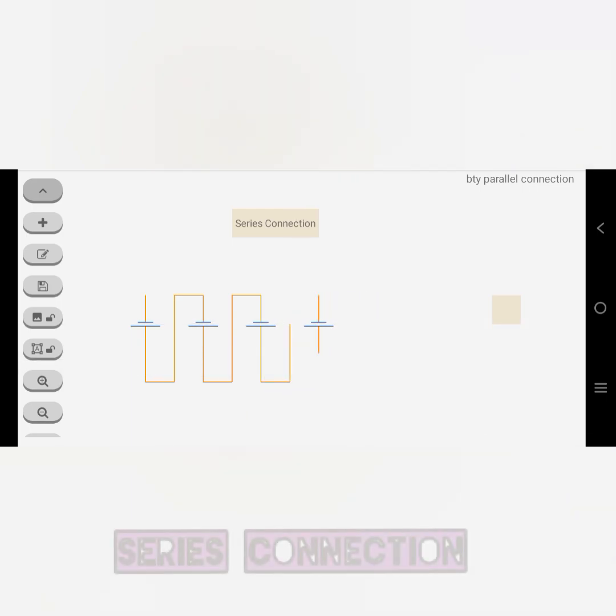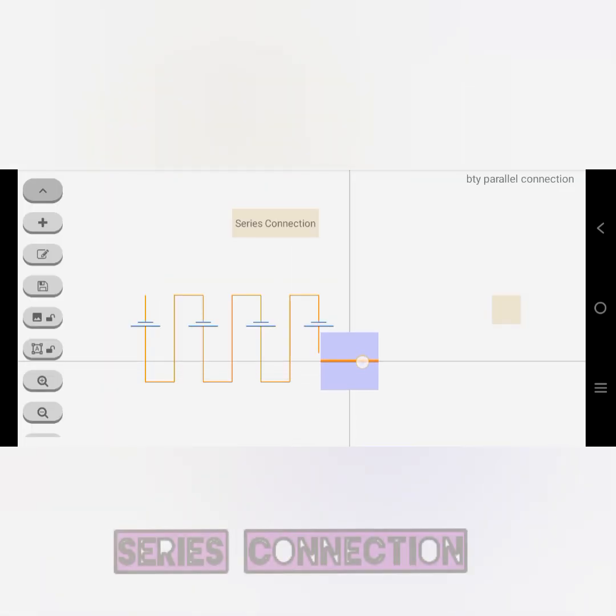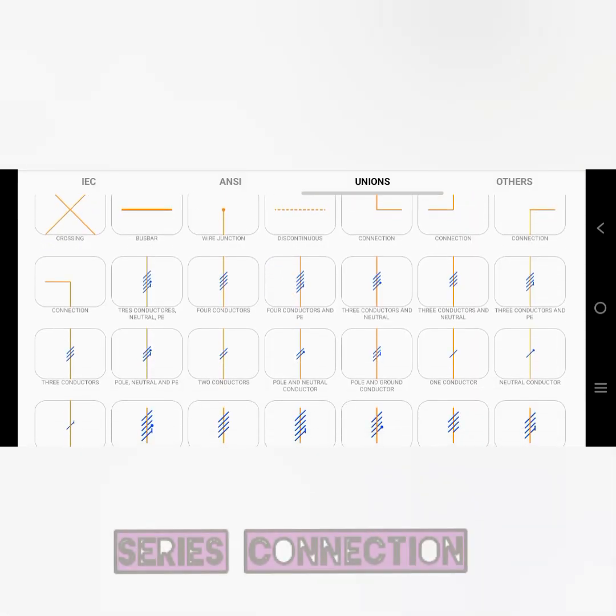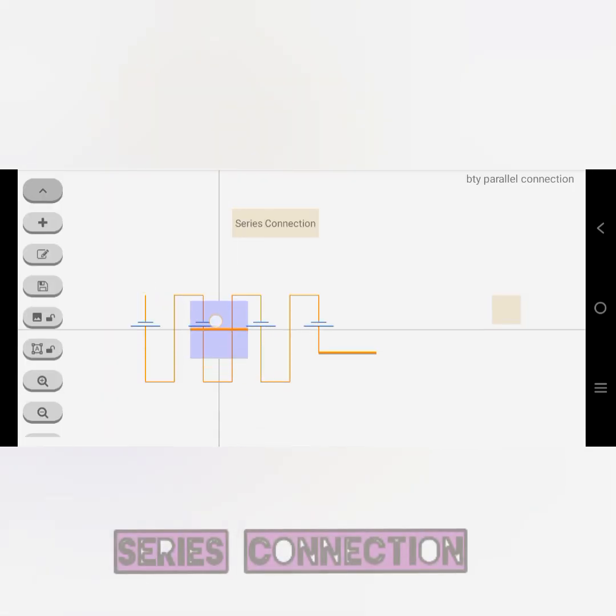Here the main drawback of the series combination is that if any one of the batteries gets disengaged in the middle portion, we need to replace it, and only then can we use the batteries or bring them back to their normal position.